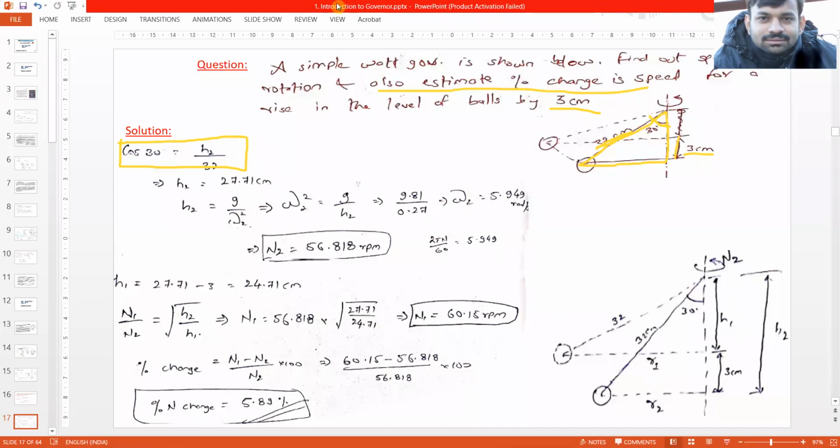This was the height, which we have named as h2. So cos 30 would be h2 divided by 32. So h2 comes out to be 27.71 centimeter. Also, h2 is equal to g upon omega square.